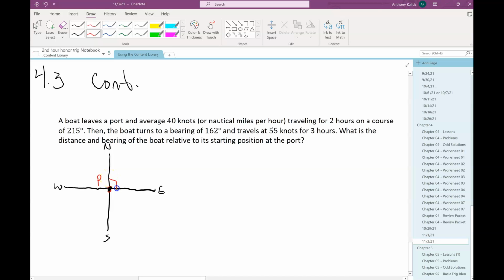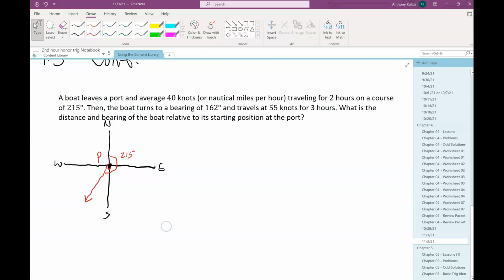So 90, 90, and then like 35 more. So it's going to be down here somewhere. Everybody okay with that idea? Some distance. I'm not even worried so much about that right now.